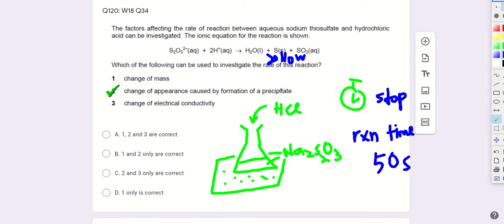Now the general expression or the definition of rate of reaction is always, let me type it out.